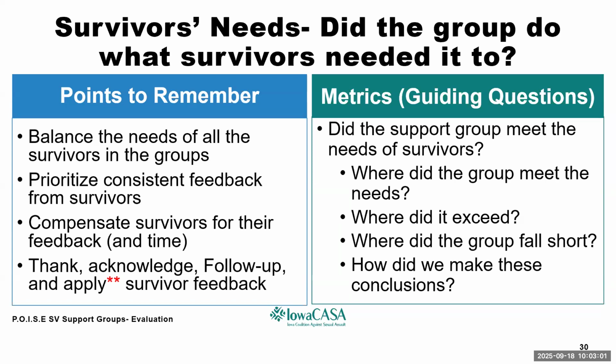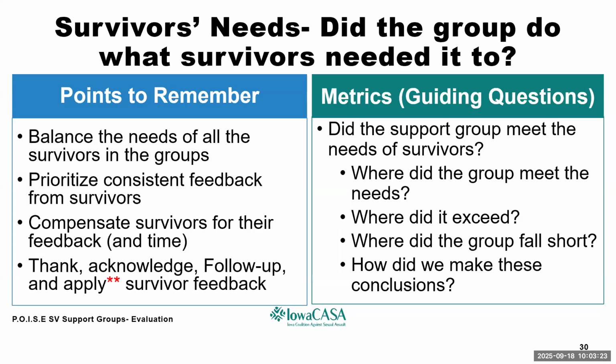And then, as much as possible, when survivors do give us feedback, we want to make sure that we are respecting that feedback. And we can do that by applying the feedback given, thanking them for their feedback, acknowledging that feedback was given, and following up about that feedback.